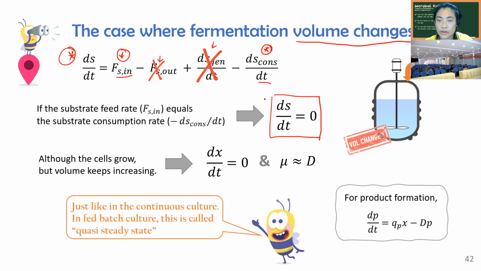So when you feed in with dS/dt equal to 0, you would get no change in cell concentration too. Eventually dX/dt also equals 0. So this is also a similar concept to a continuous culture.